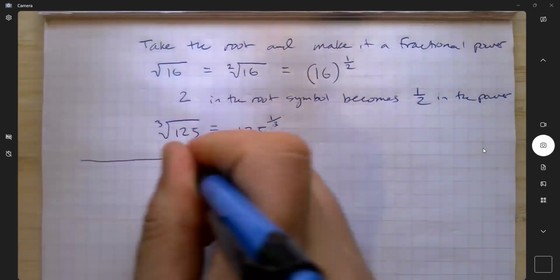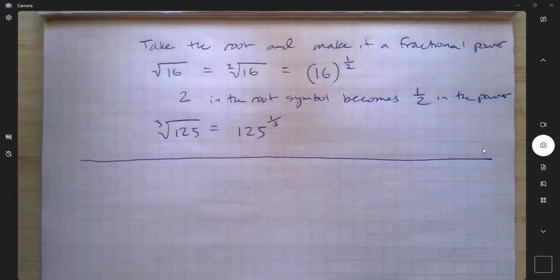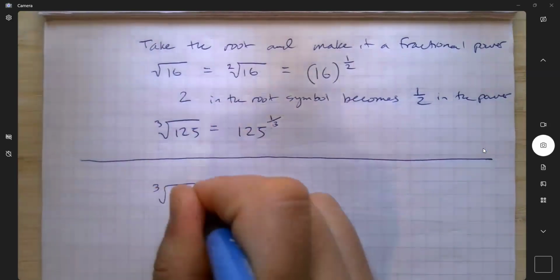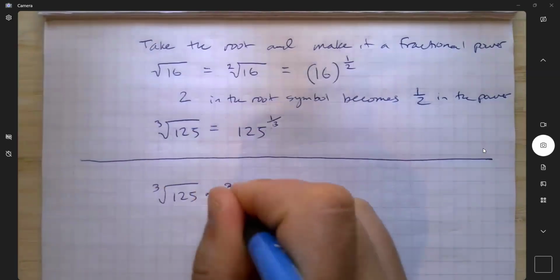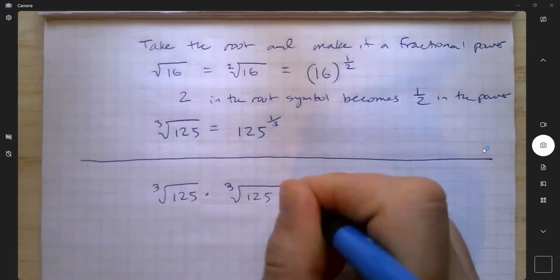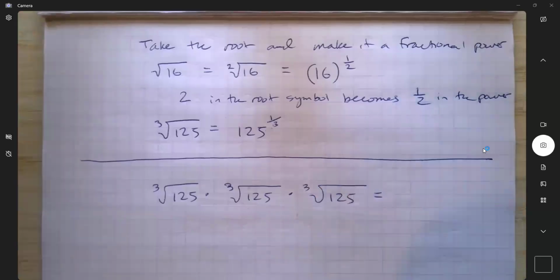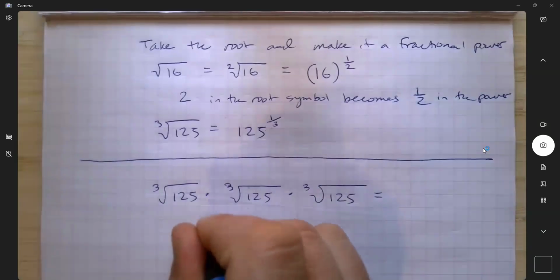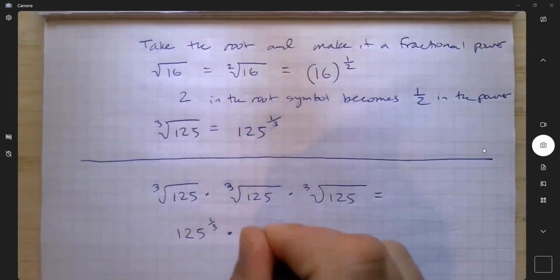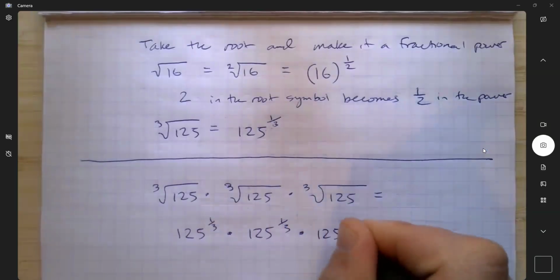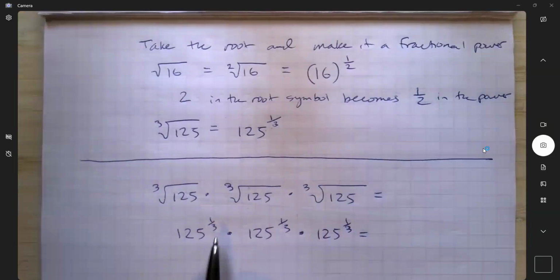Here's a quick explanation on why roots look like powers. If I take the cube root of 125 and I multiply that number by itself 3 times, and then I write it in the exponential form, rule number 1 says I get to add these exponents.